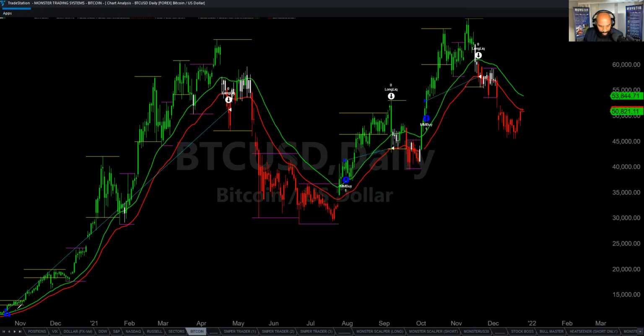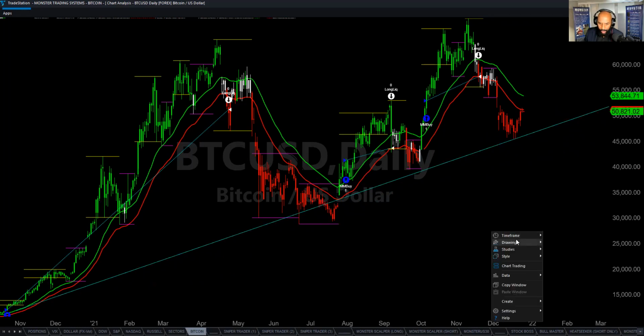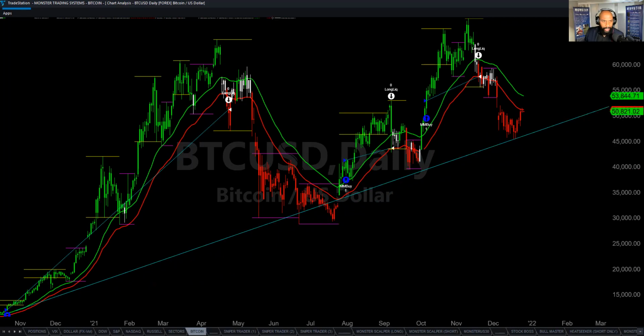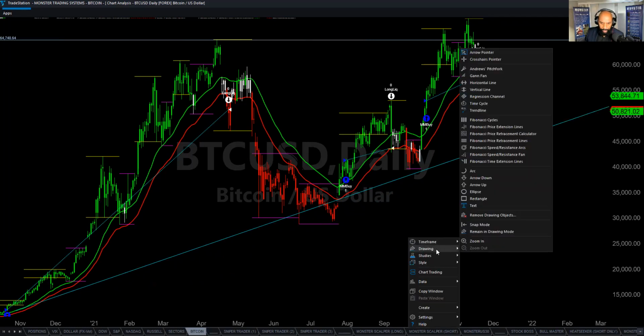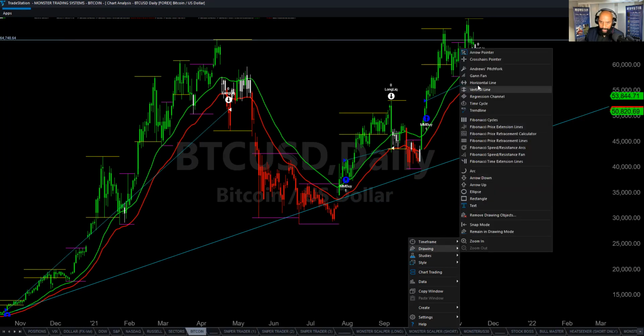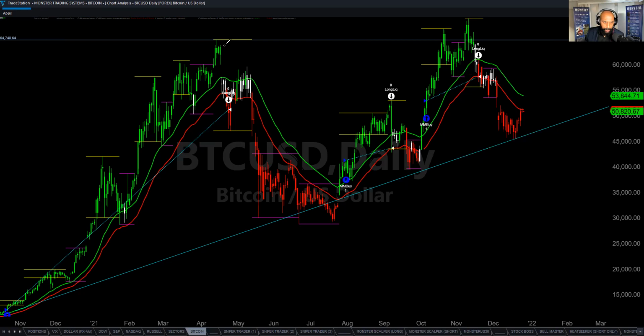What I like to see is there's a nice upward trend line here on Bitcoin, on the daily time frame. And then here we've got resistance all the way up here. This is what I'm looking for, and if we can get through this area here, that's very bullish for Bitcoin.